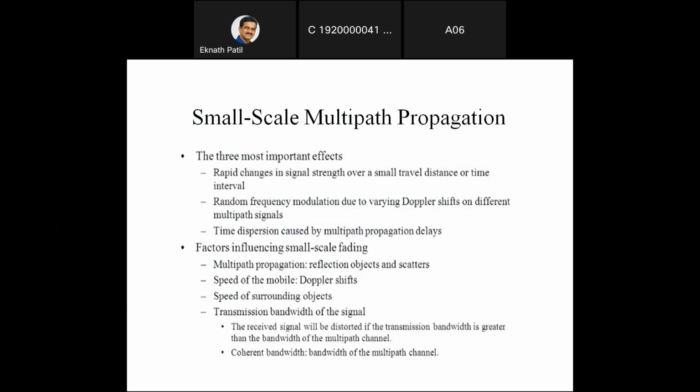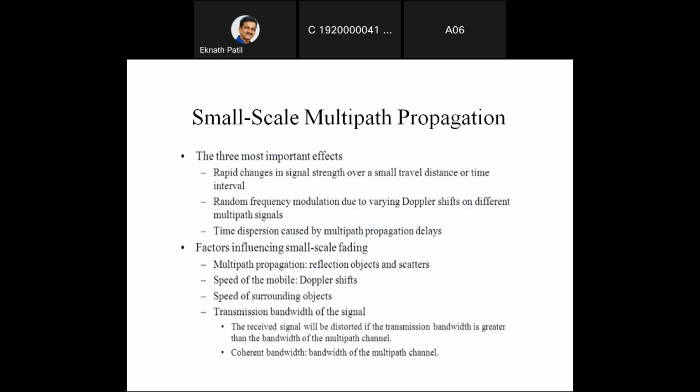Factors influencing small scale fading are: multipath propagation, whatever we have discussed, reflecting objects and scatterers; speed of the mobile, that is nothing but the Doppler shifts; speed of the surrounding objects; and transmission bandwidth of the signal. Okay, so the factor influencing small scale fading is the multipath propagation. That is one thing.